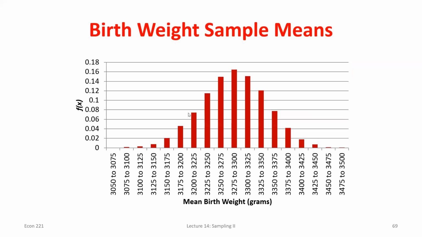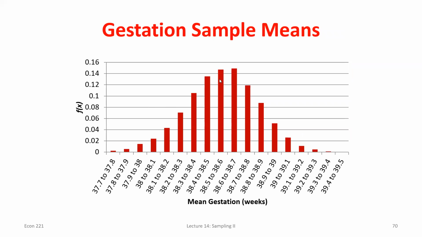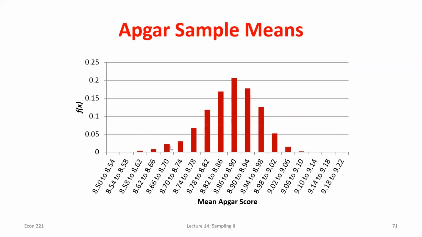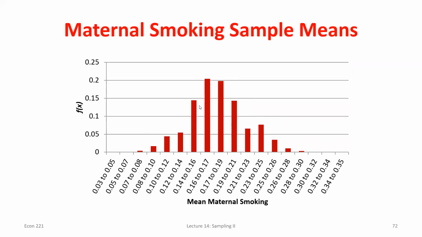Sure enough, if I look at these birth weights, the sample means are very normally distributed, right? Length of the pregnancy, also normally distributed. APGAR score, normally distributed, maybe a little bit of a skew still. Maternal smoking, right? I had to break this down.